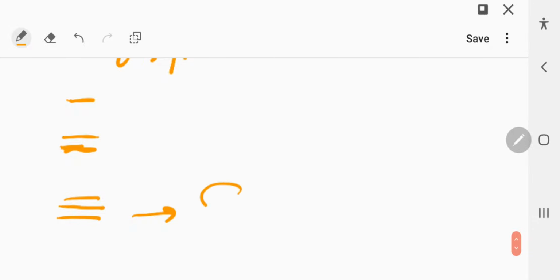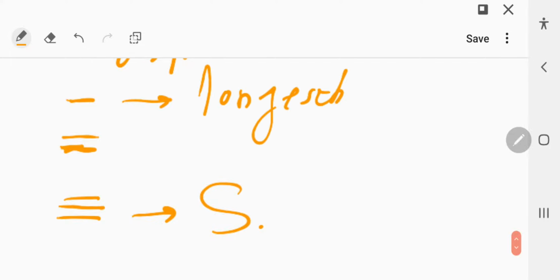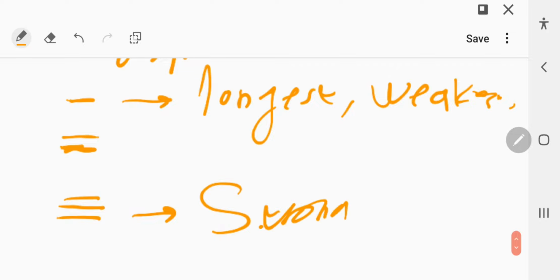This one is the strongest one, and this one is the longest and weakest one at the same time. This one is strongest, and at the same time it is the shortest bond.